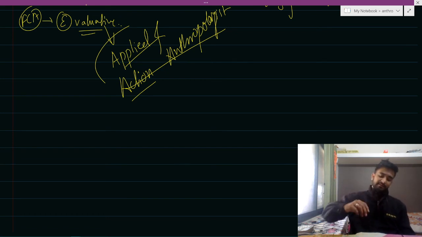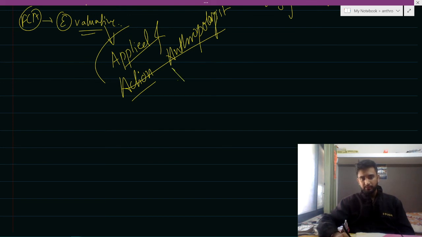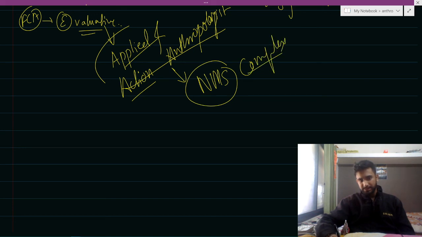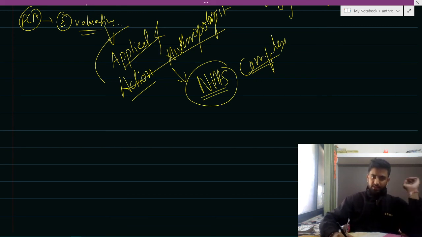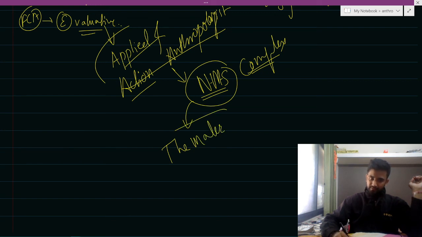Now we have studied a thing which will remind you: the NMS complex. That is the nature, man, spirit complex. Nature, man, spirit complex, the Maler, if you can remember, the Saurya Paharia.